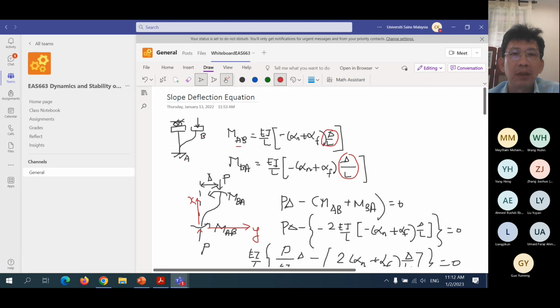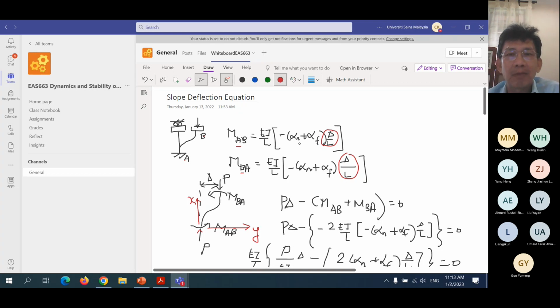MAB means the end moment of member AB at NA, and MBA means the end moment at NB of member AB. This will be useful when we have more than one member, like AB and BC, so this would be a useful symbol that we use.